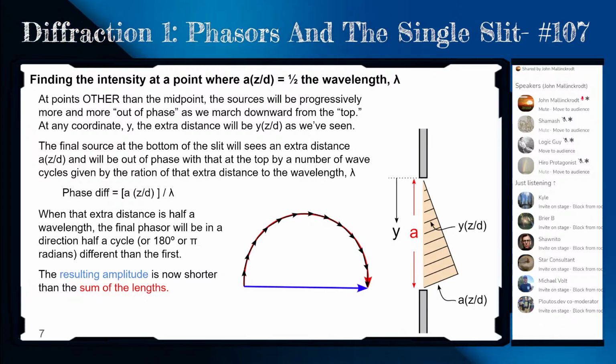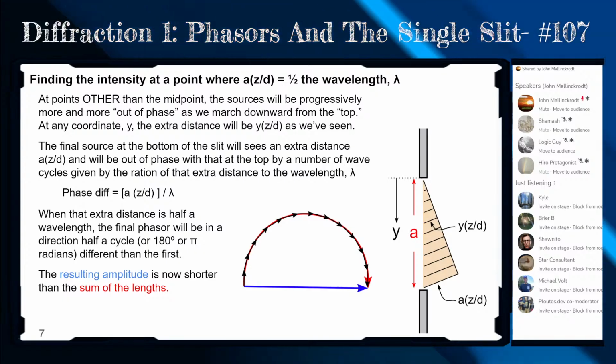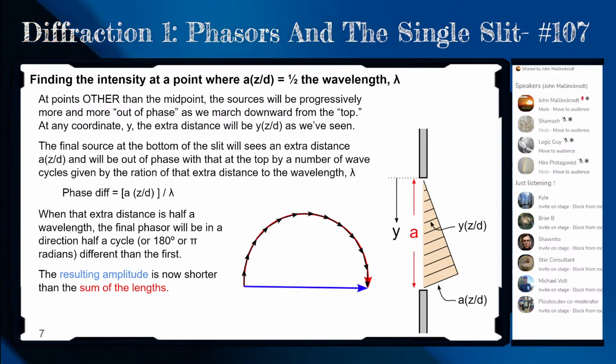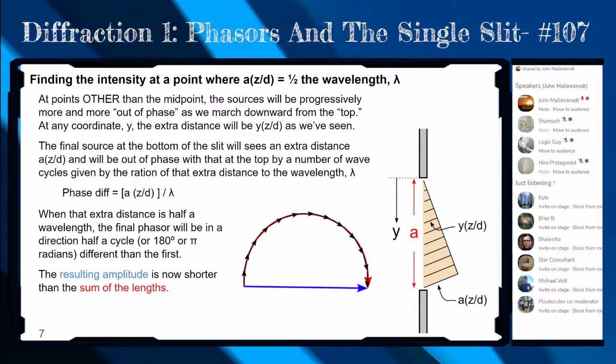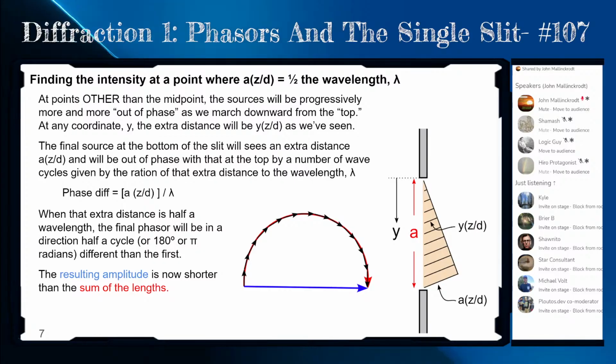If that extra distance, a times the quantity z over d, is half a wavelength, just looking at the diagram at the right, if that longest extra path distance, the one at the bottom, is half a wavelength, then that final source at the bottom will be producing a contribution at the point P that is exactly out of phase, 1/2 cycle different than the source at the top.